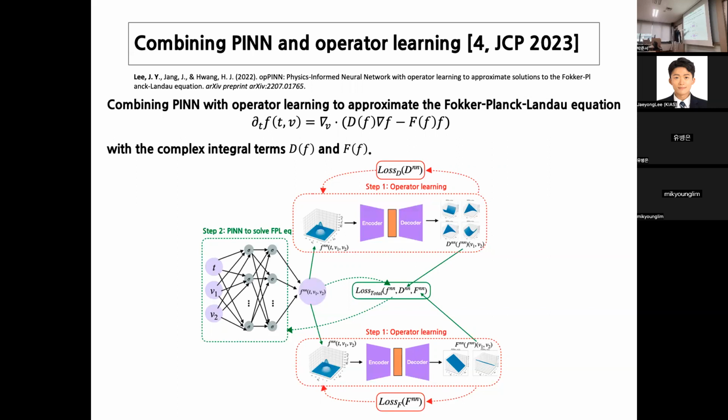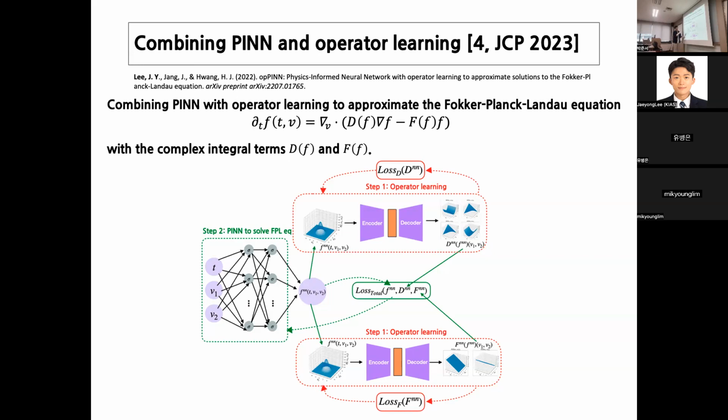Here we want to use the mapping from F to D, like on the right side. Also, we want to pre-train the mapping from F to this large F. We first pre-train these two networks in step 1.